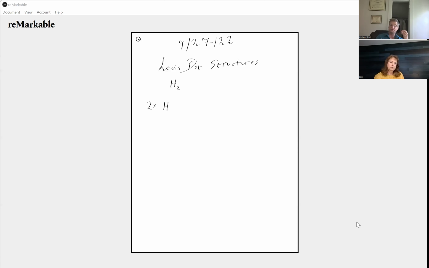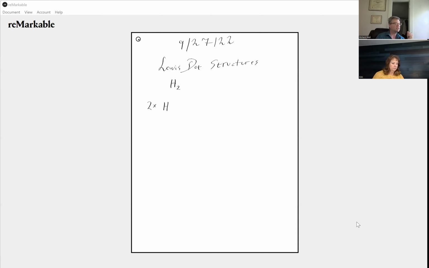Now, notice hydrogen is always an exception for Lewis dot structures, because most elements want the full octet. But remember, the octet comes from filling the s and the p orbitals. Because hydrogen only has the s subshell, it only has one orbital, which means that it can only accommodate up to two electrons.